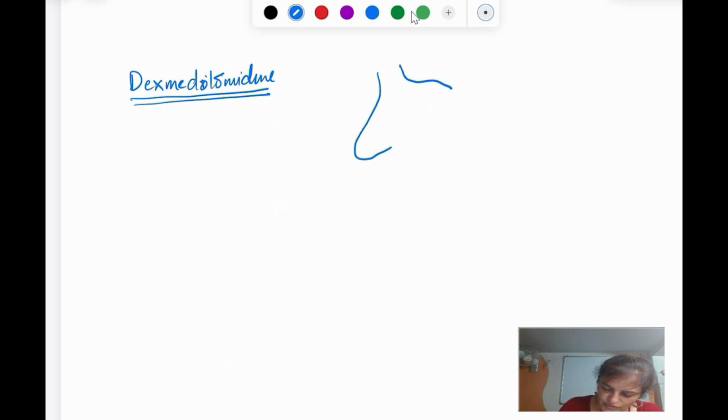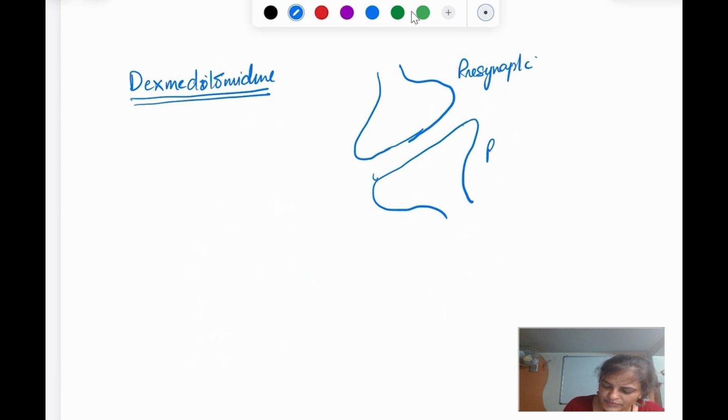This is one neuron, or you can say this is an adrenergic neuron. And this is presynaptic है आपका, and this is postsynaptic. What will happen here? They are stored. This is an adrenergic neuron.